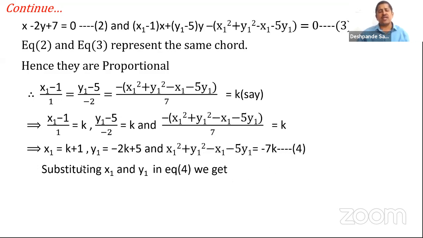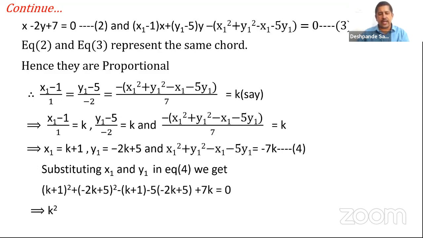You have to find the value of k first. So to get the value of k, you put the value of x1, y1, whatever you got, in this equation. So x1 is k plus 1, and y1 is minus 2k plus 5, minus x1, minus 5y1, minus 7k comes aside as plus 7k.